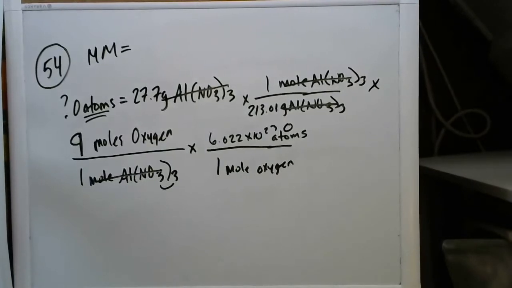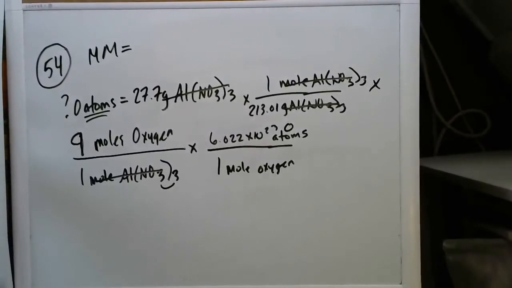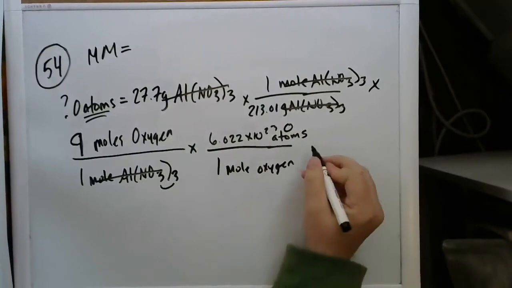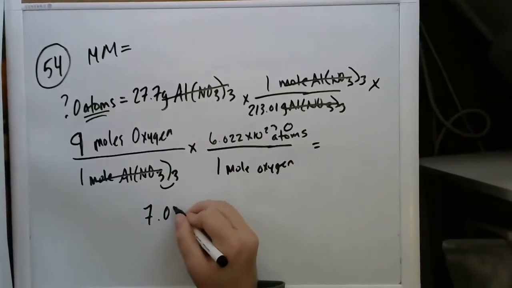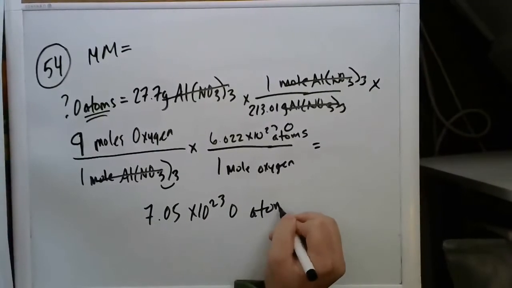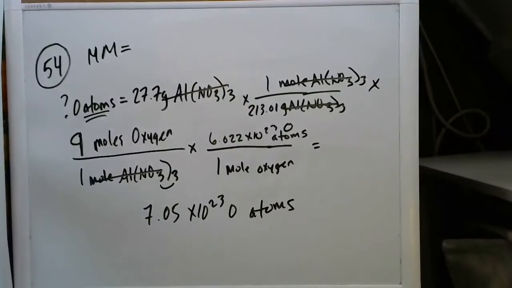So we will do some math things. 9 times Avogadro's number. Okay, we get 7.05 times 10 to the 23 oxygen atoms present in 27.7 grams of aluminum nitrate.